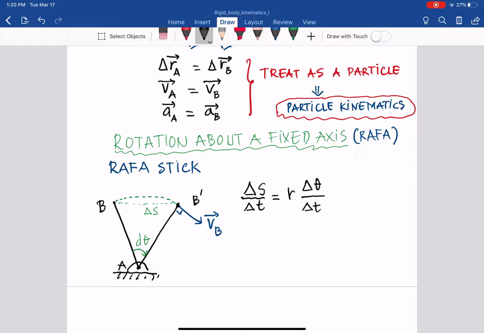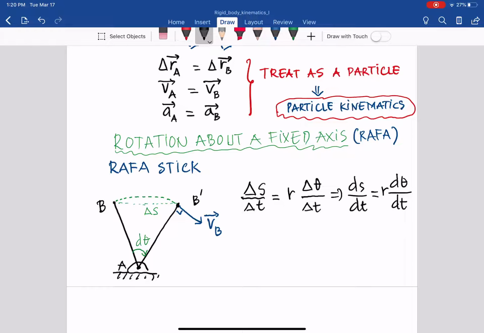So with that, let me move on. Delta S over delta t means that we can have ds over dt equal to r d theta over dt, with an even smaller time, smaller angle, and smaller change in displacement.